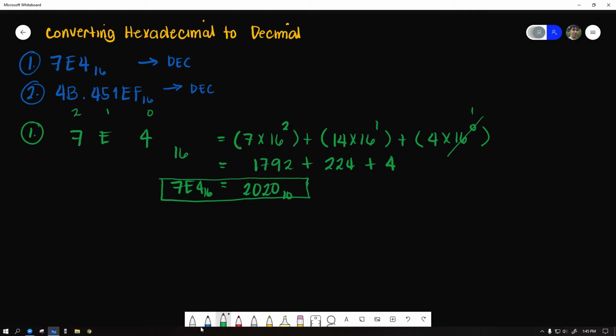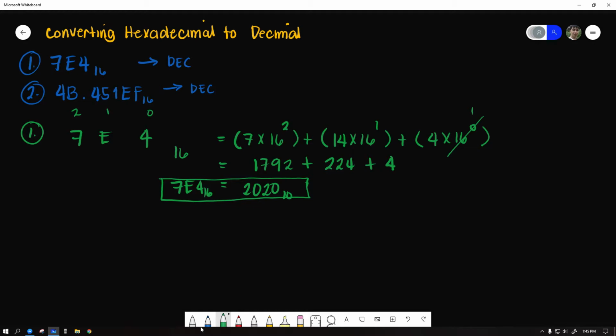That is your answer. And now, how about if we have a fraction part? That is the same in positional notation, as long as you know the exponent of the radix on that particular place of the fraction.